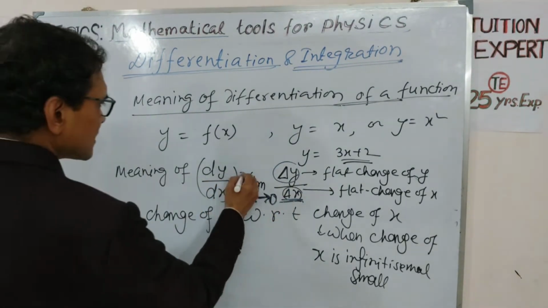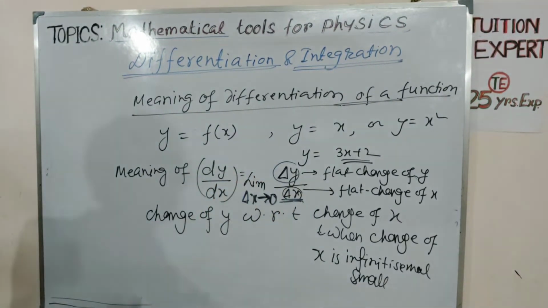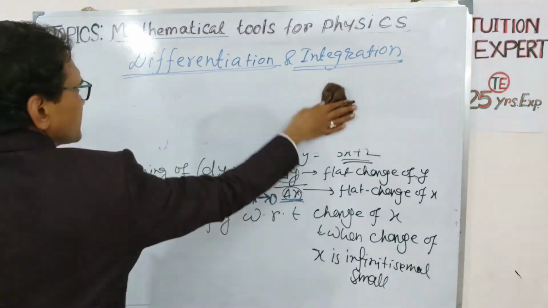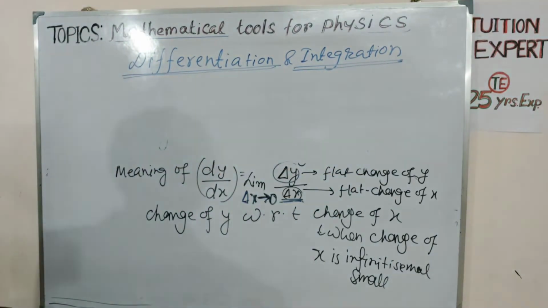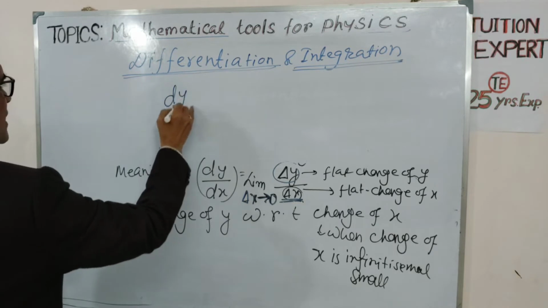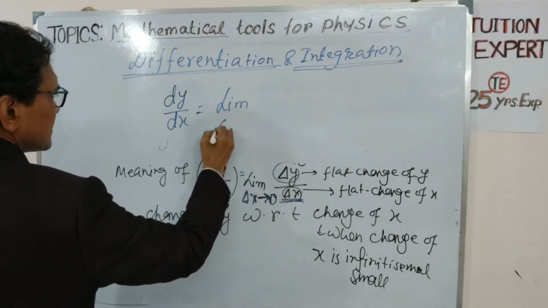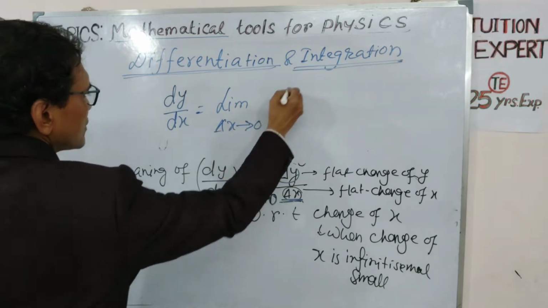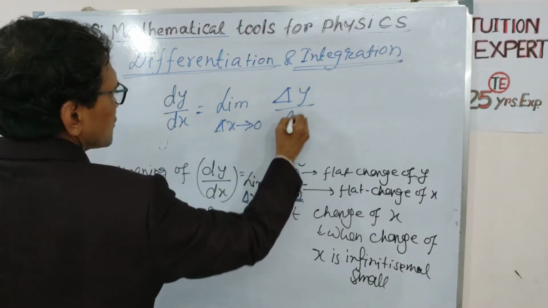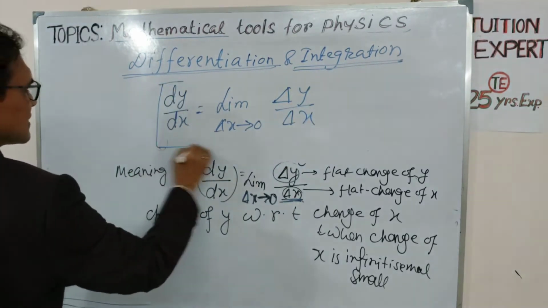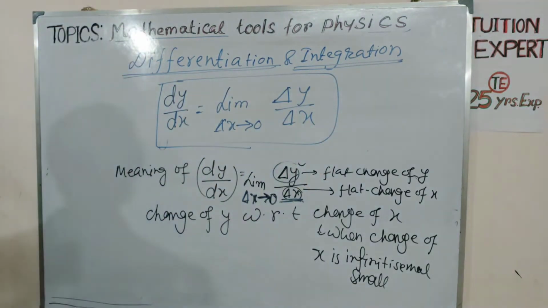So the basic definition of dy by dx, the basic formula, is the limit as del x tends to 0 of del y by del x. This is the formula of dy by dx.